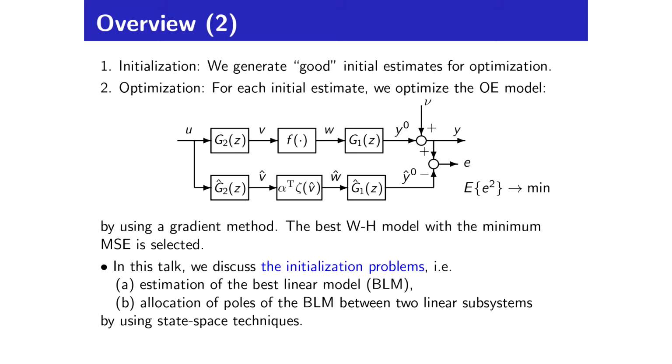This function is really non-convex, so we need a good initial estimate for success in identification. Then the best Wiener-Hammerstein model with the minimum mean square error is selected.